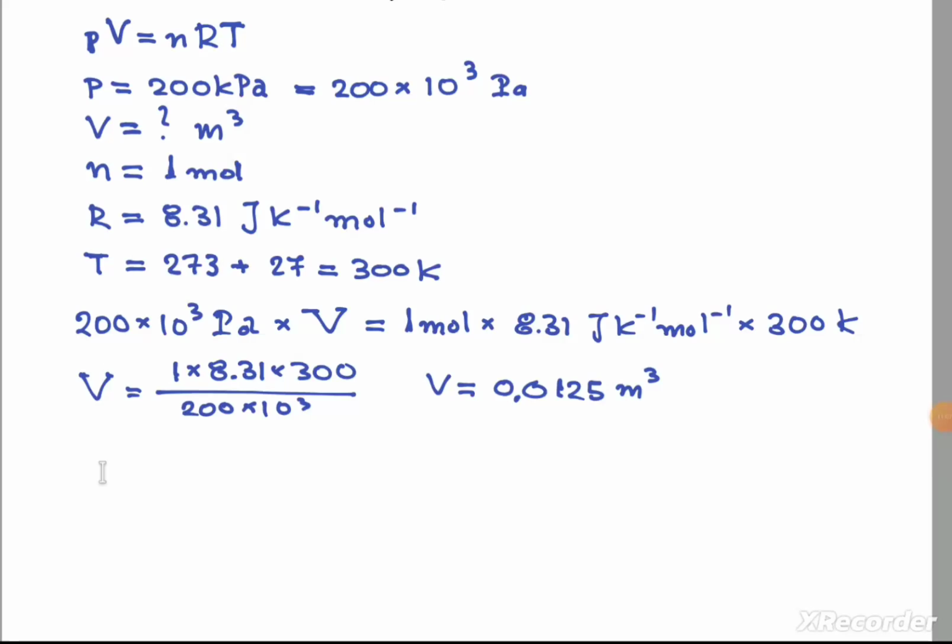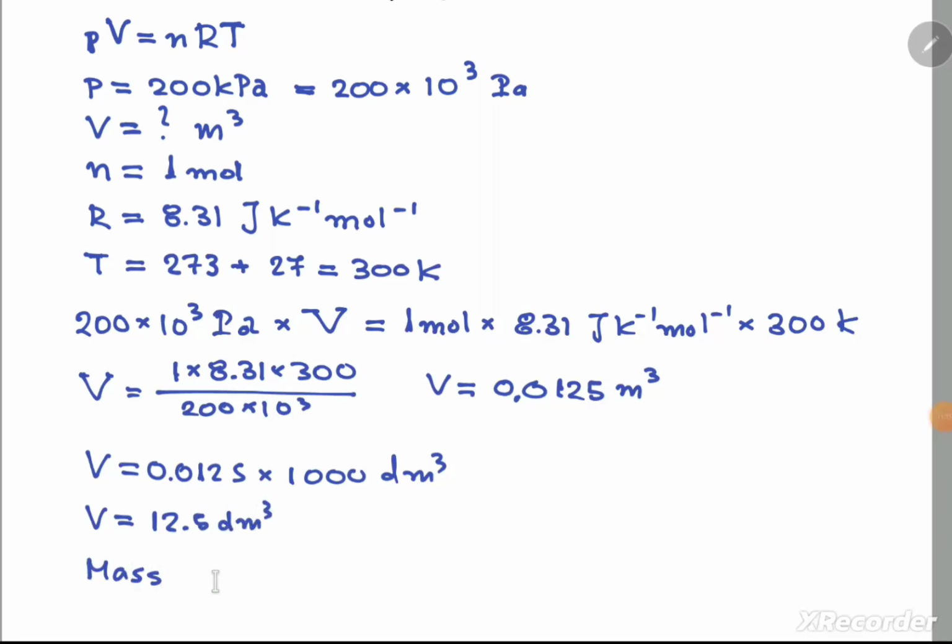If we convert to dm cubed, we find the answer: molar volume is equal to 12.5 dm cubed. This is an example for the ideal gas equation.